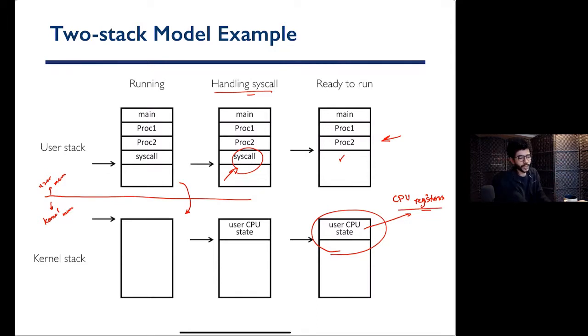Let's say the process had int value equals some system call. Once the system call is executed, we set the value and we're ready to go back to that process.